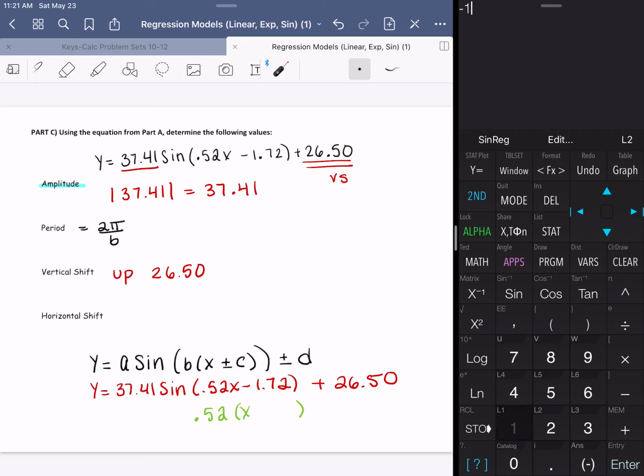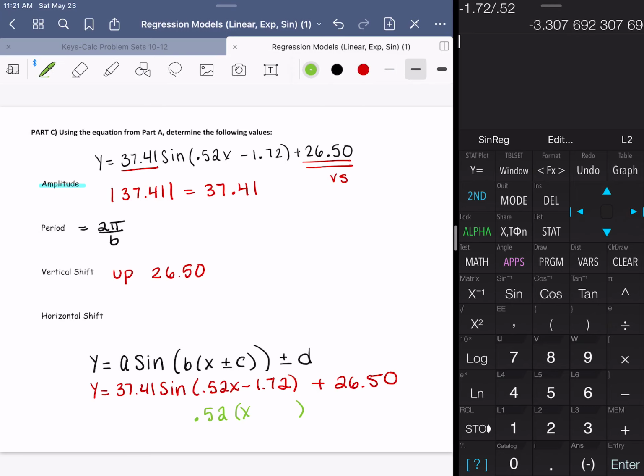So I have negative 1.72 divided by 0.52. That gives me approximately, again I'm just going to round, negative 3.31. And then we bring everything else down: the plus 26.50, the 37.41, and the sine.